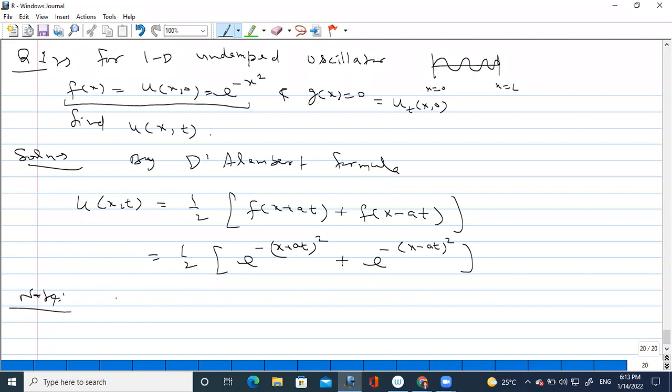Suppose he has given you the equation 9 u_xx equal to u_tt. For this equation, f(x) equals e to the power minus x square and g(x) equal to 0.